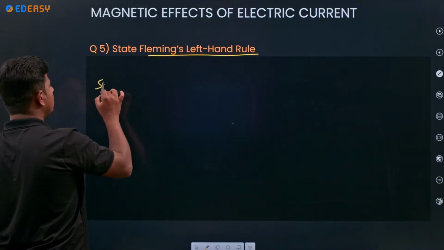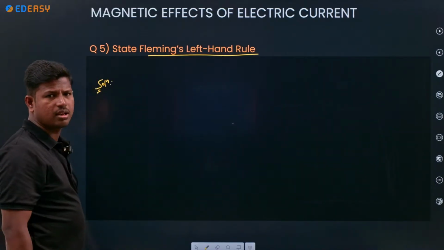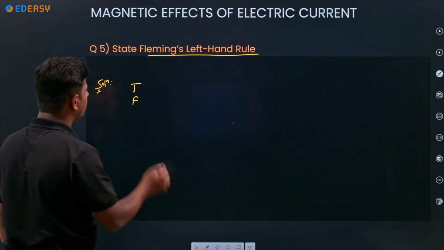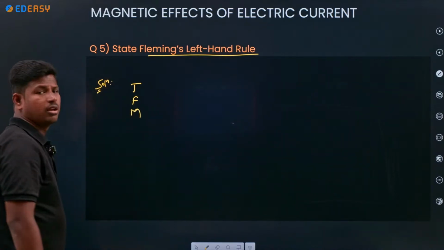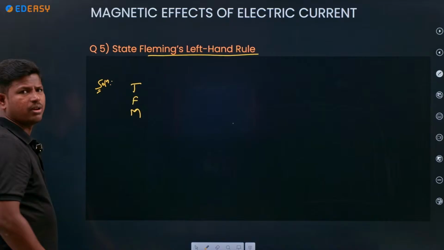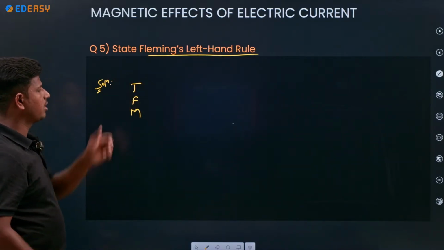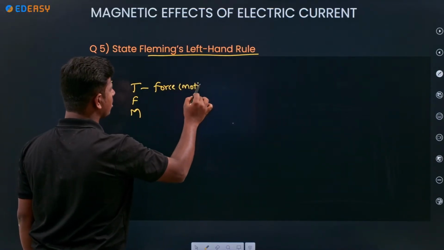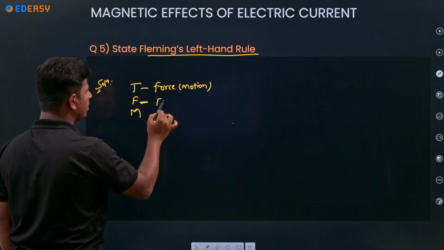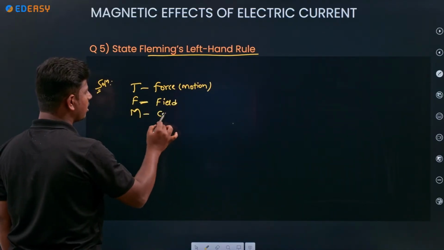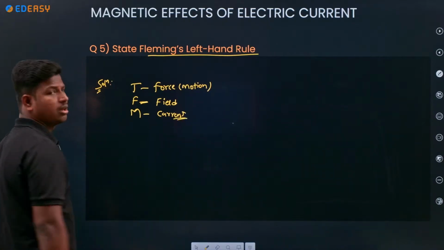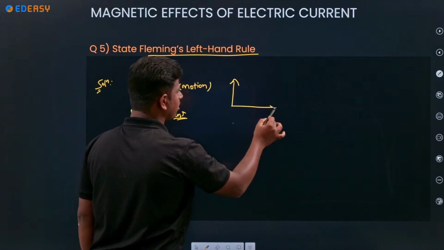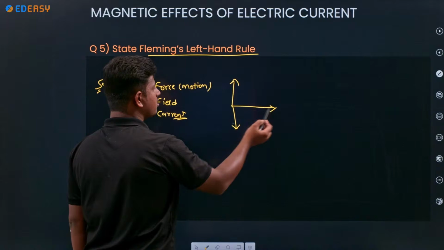Next, state the Fleming left hand rule. Simple. How many fingers are there? Three fingers. What are they? Thumb, forefinger, and middle finger. Thumb, force or motion. Forefinger, field. Middle finger, current.